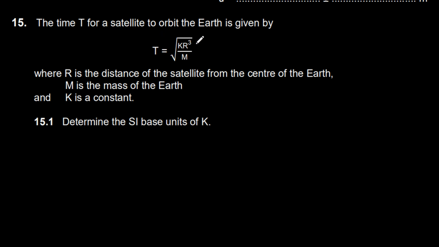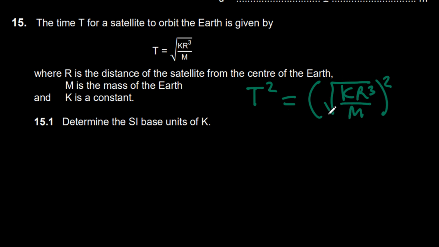Now, we need to make k the subject in this equation. And we can start by getting rid of the square root and squaring both sides. So we square both sides. The square root falls away.